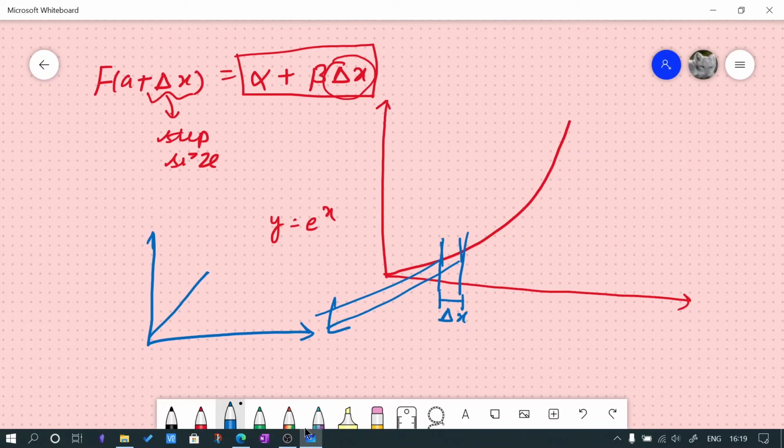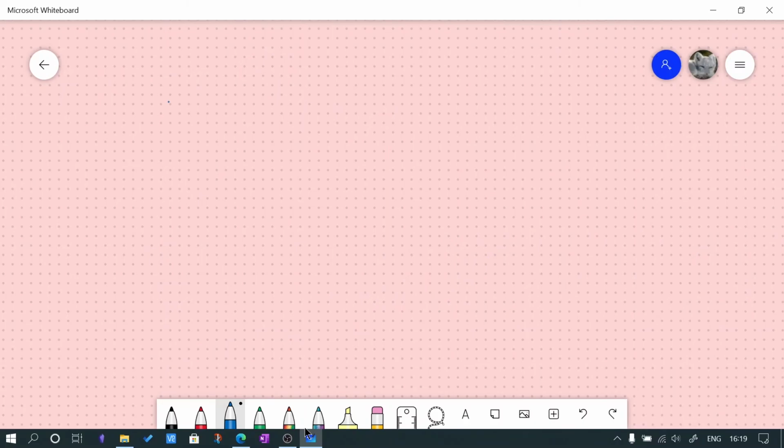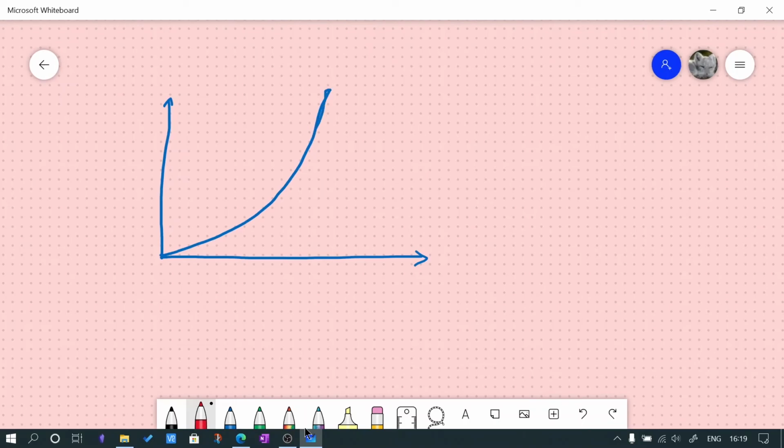So how do we solve this? This is our original curve. Let's take this to be some value. This is y of x.